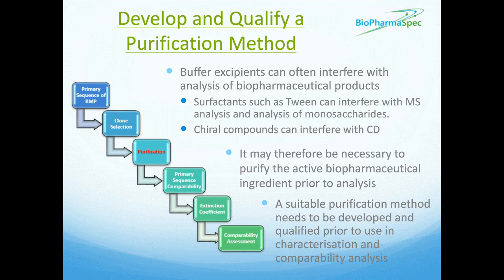So one of the advantages of developing and qualifying the purification method is to analyze both the RMP and the biosimilar in the same buffer system, so you are looking at a true comparability of those two proteins in the same buffer system.